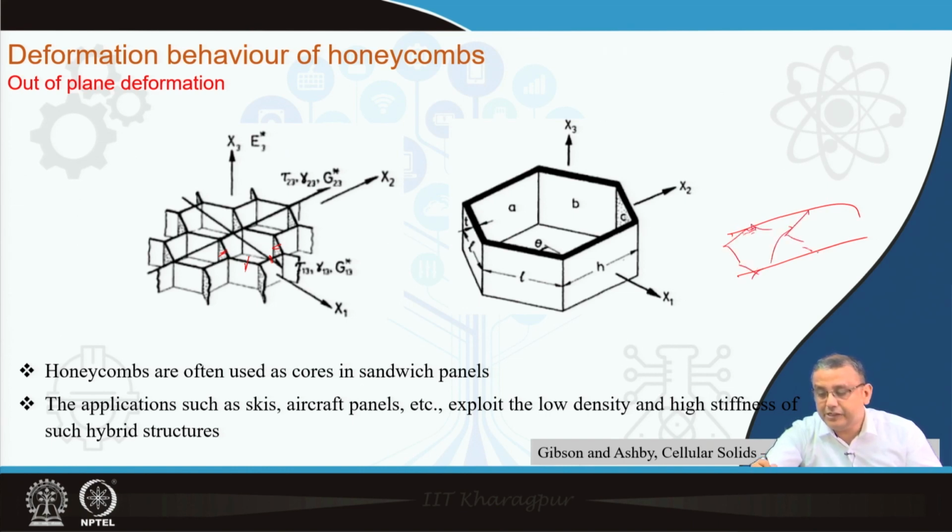This is the out-of-plane direction, and typically a bending load is applied along this direction, which provides an extreme amount of specific bending strength and stiffness, which is not possible when we load the honeycombs along the in-plane direction.